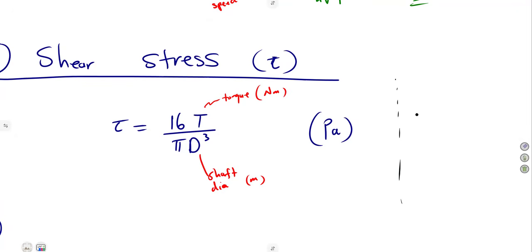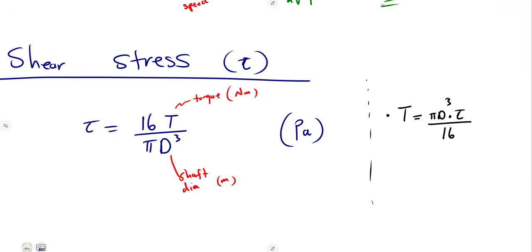So I want to find T. So T will be equal to, this one's they multiply, so it's going to be pi d cubed times tau over what? So you're going to be left with 16T. So you're going to divide by what? By 16. So you can actually make T the subject of the formula. You're talking in what? Newton meters. You can make the diameter of the shaft the subject. Let's say you cross multiply. You were going to divide.